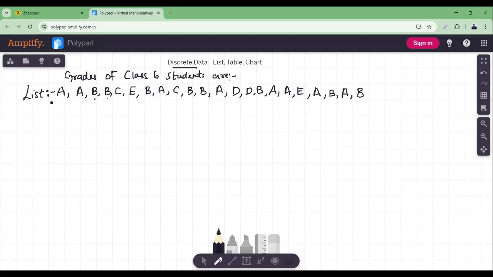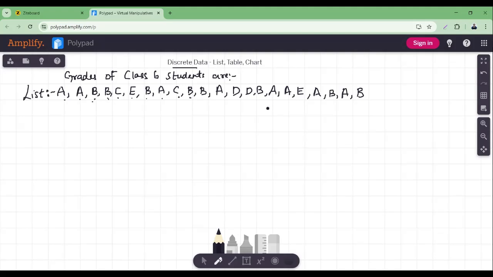Is B the highest, or is it C? It is not visible and not easy to find out. The only thing you can do is count, and even counting how many students are in this class, 1, 2, 3, 4, 5, 6, 7, 8, 9, 10, is difficult.